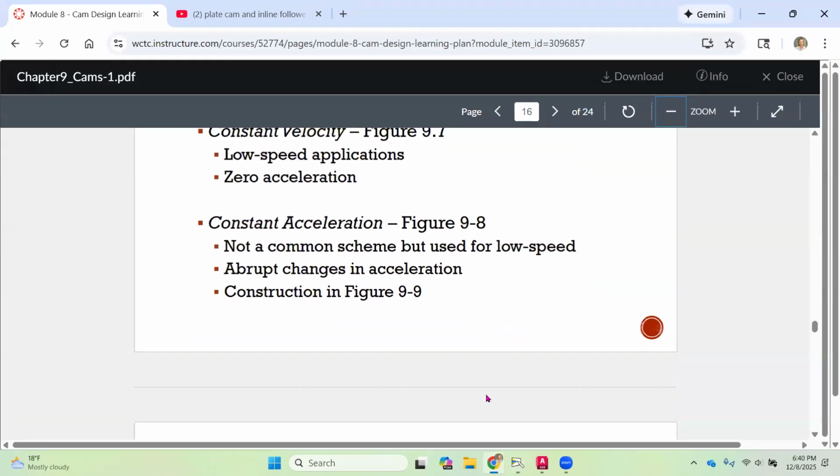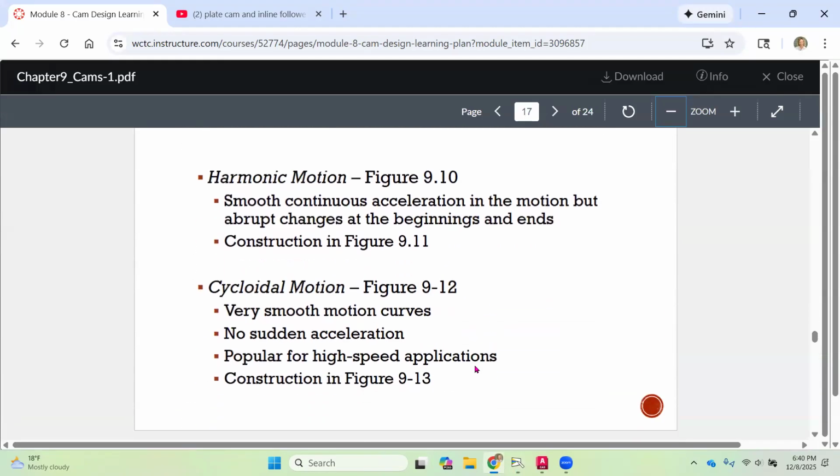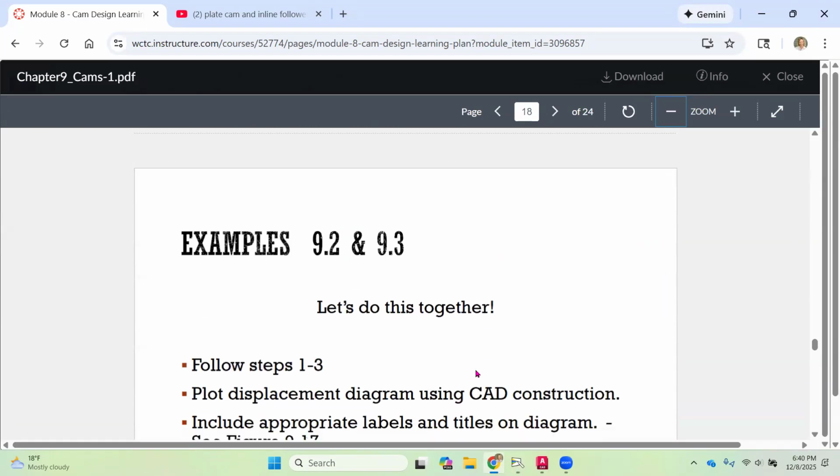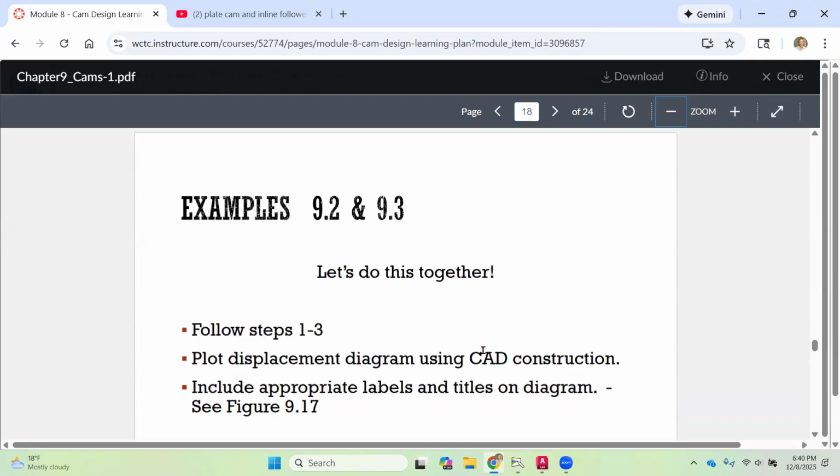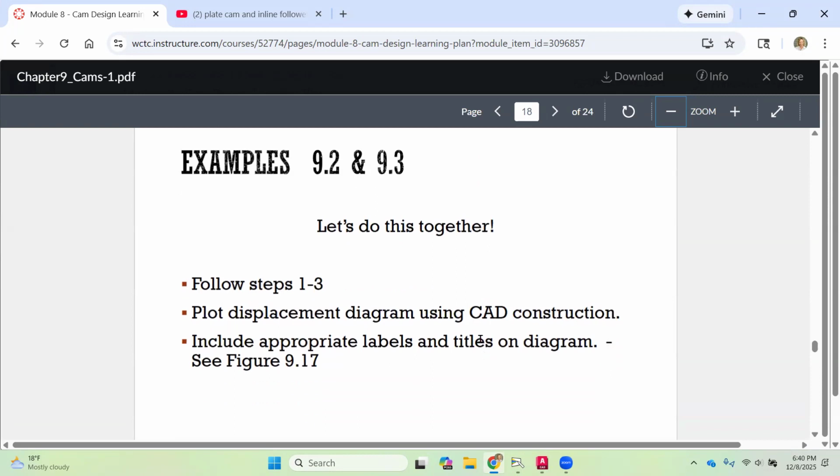Okay. So we looked at harmonic, we looked at cycloidal. I'm changing up the examples a bit. Okay. What I want to do is, the first example here does not take into consideration harmonic motion, and I do want to show you that.